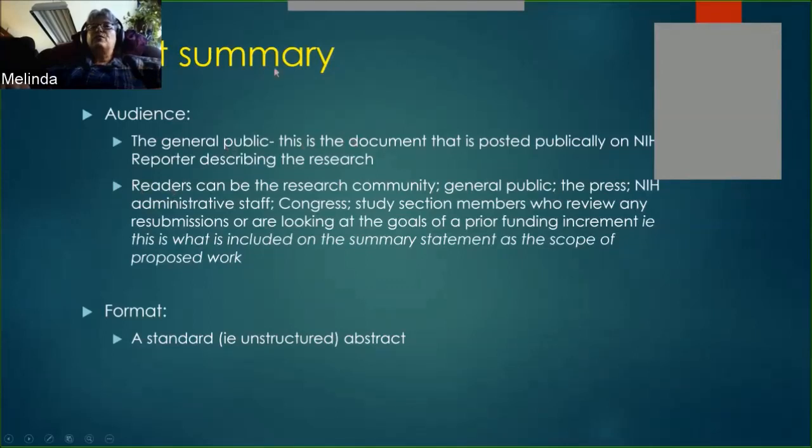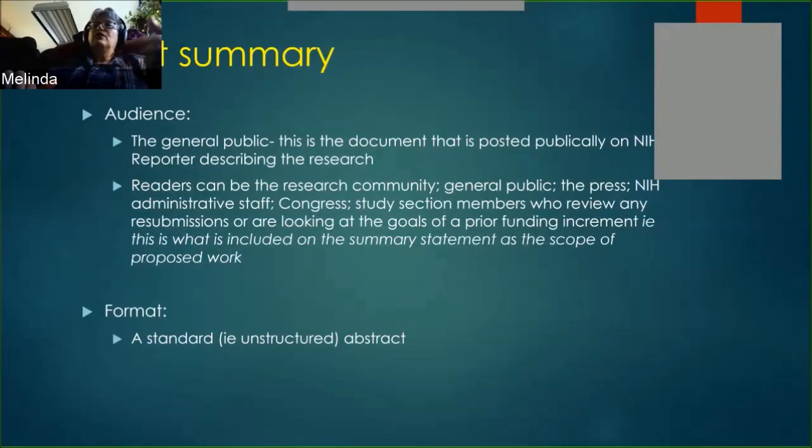The readers of this project summary are a whole host of people. Depending on the kind of research, you want to be careful about how you word it. Some of the readers are the research community. I will have another class on this, but there's a resource called NIH Reporter that allows you to look at every single grant funded by the NIH in the United States.